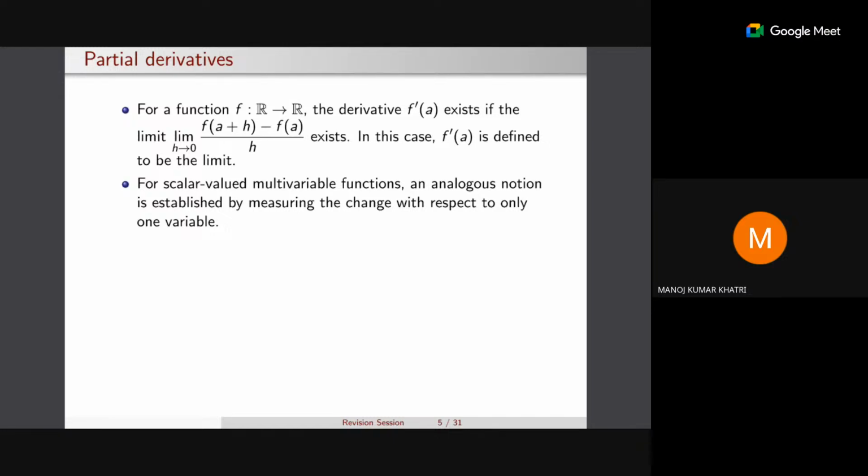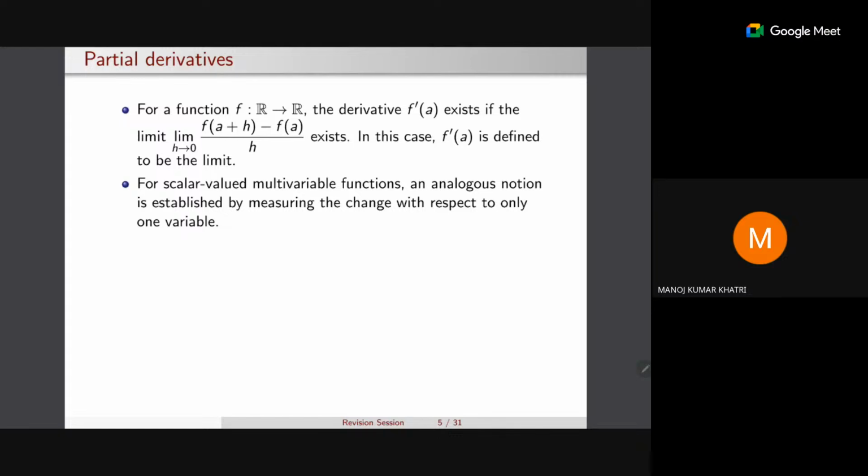And the change in input is actually h, which you could write as a plus h minus a if you want. So this is output by input, and then you take infinitesimal change of the same. So this is the one variable case.